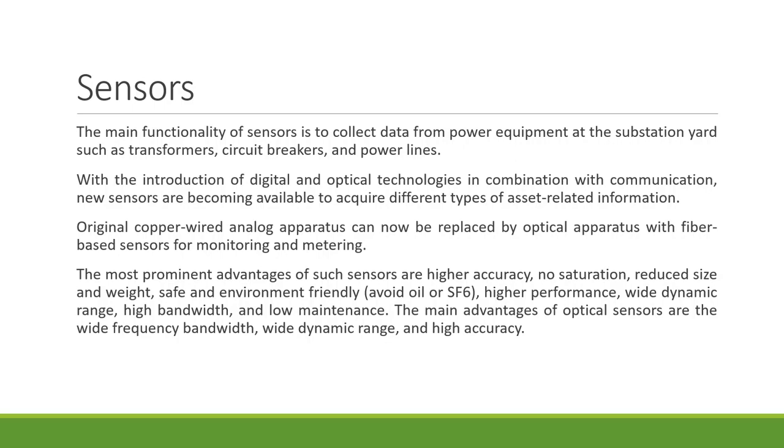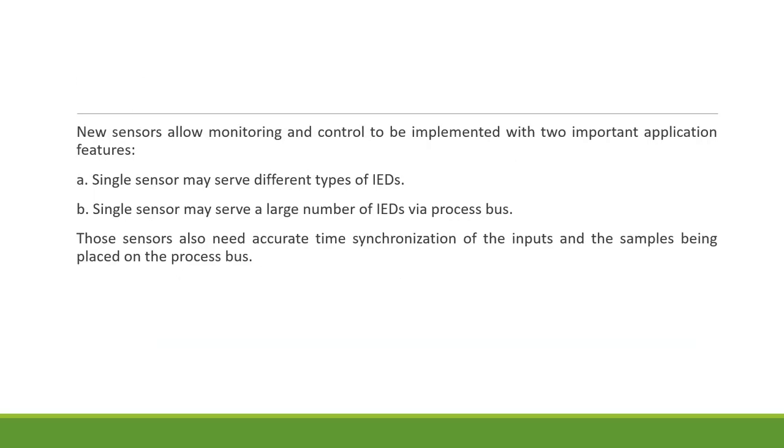The main advantages of optical sensors include wide frequency bandwidth, wide dynamic range and high accuracy. These sensors allow monitoring and control to be implemented with two important application features, which include: a single sensor may serve different types of IEDs. If you have one sensor, different types of IEDs can be served.